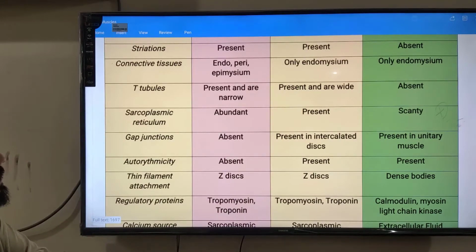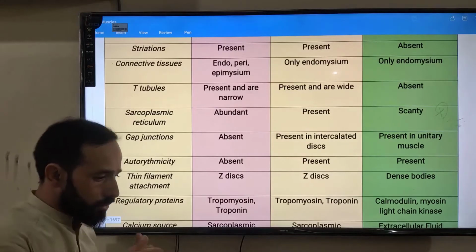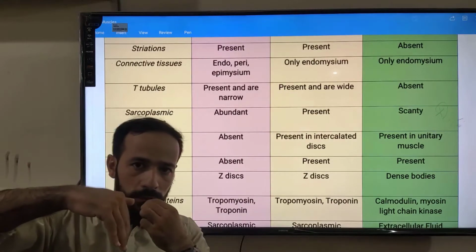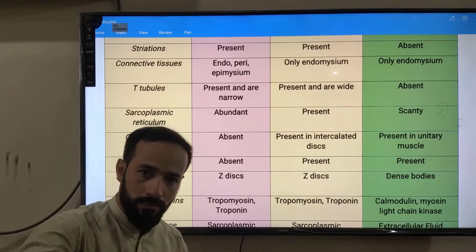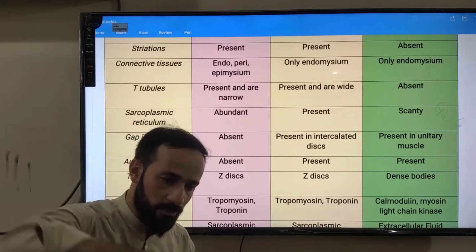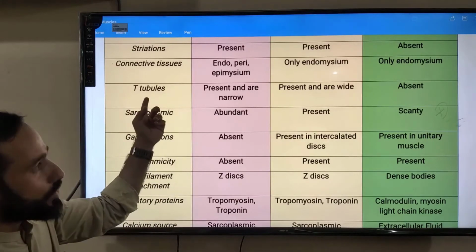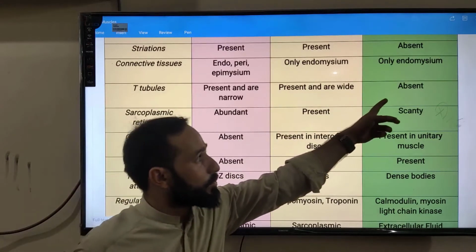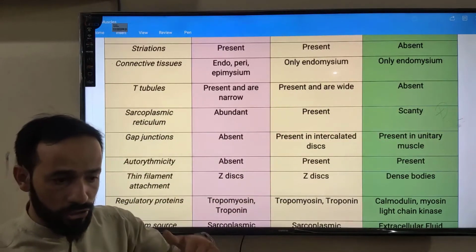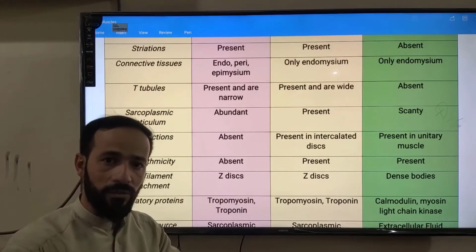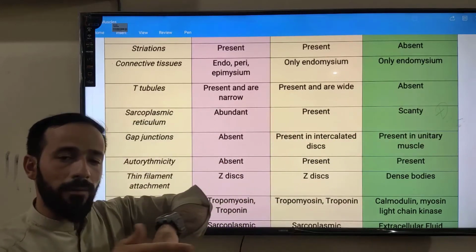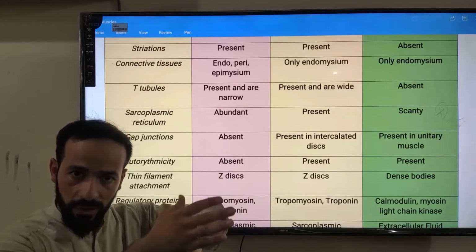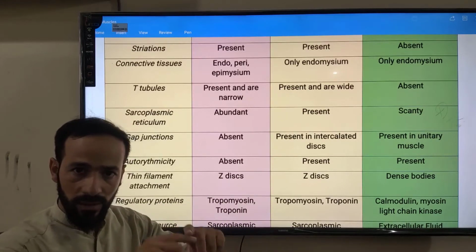The next difference is for T tubules. Inside the T tubules, when the muscle is excited, calcium runs, right? So calcium will run through the T tubule. Inside the smooth muscles, you have no T tubule for the entry of calcium, because in these cells the calcium will enter through the proteins, through the pores in the cell membrane.